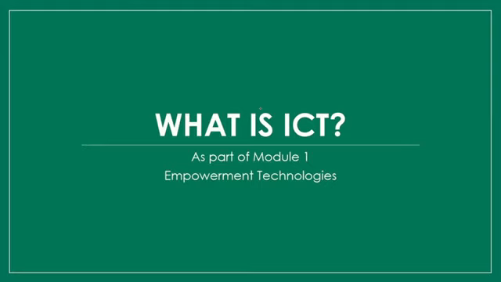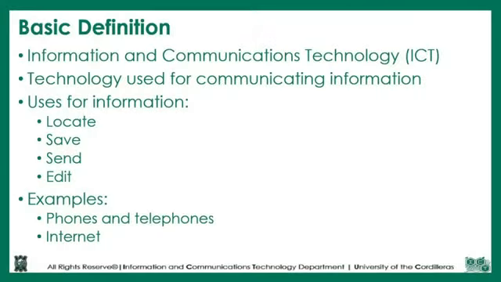Let us go over what is ICT. What exactly are the different technologies that are involved in the world of ICT? So, just to reiterate, ICT is the technology used for communicating information. It allows us to locate, save, send, and edit information.